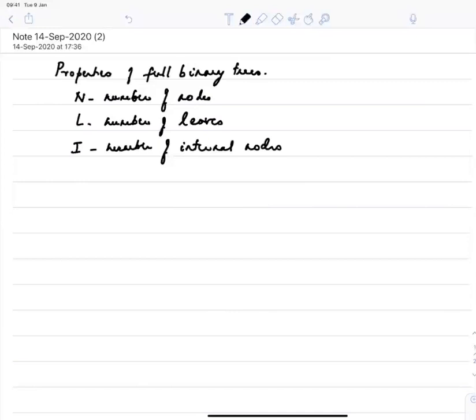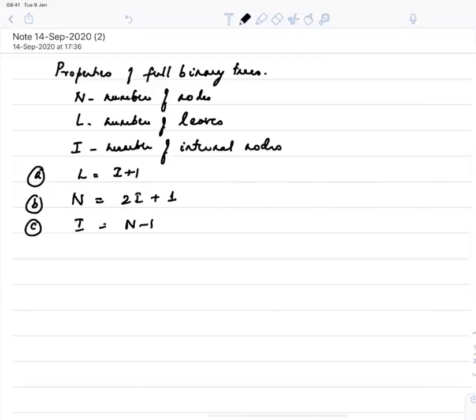We have this property which says A, L equal to I plus 1, B, N equal to 2I plus 1. Then we have I is equal to N minus 1 over 2, which is obvious from B, for example.